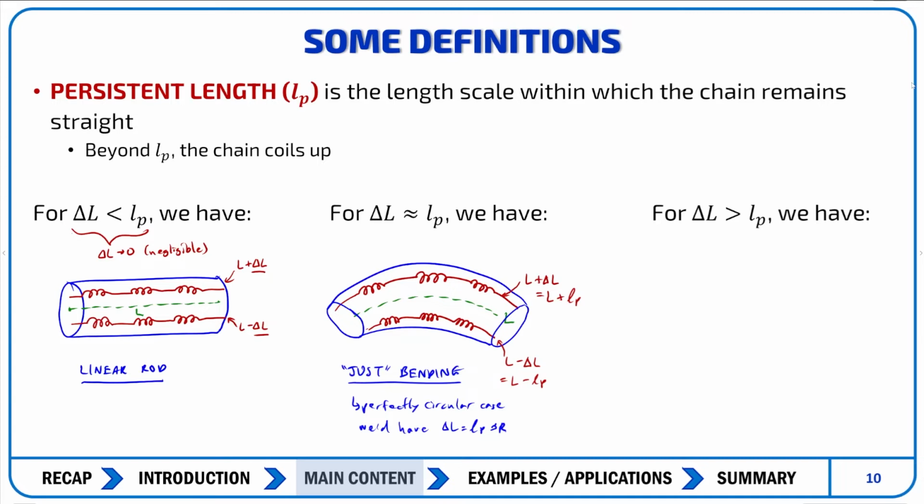Now for the third option, what happens if your delta L is much greater than the persistent length? So in this case, there's only one option, and that's the option we presented before with the worm-like chain coil. So something like this, because you have a chain that's bending so much that it can no longer sustain a linear shape. So this is called a coil-like WLC model.